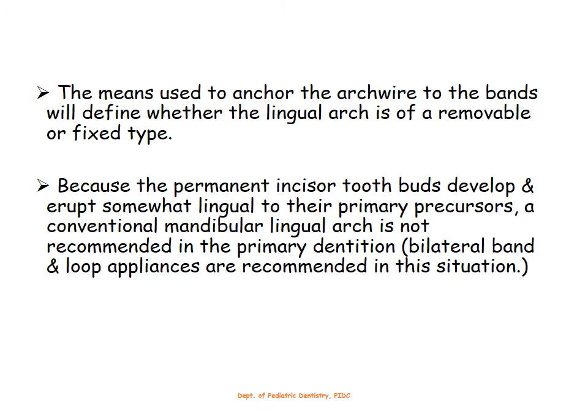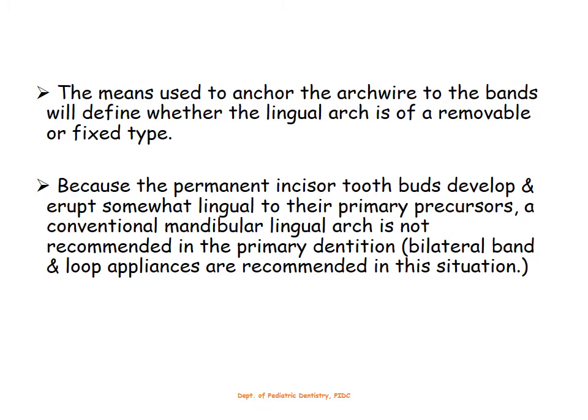The means used to anchor the arch wire to the bands will define whether the lingual arch is of a removable type or a fixed type. Because the permanent incisor tooth buds develop and erupt lingual to the primary precursors, a conventional mandibular lingual arch is not recommended in the primary dentition.